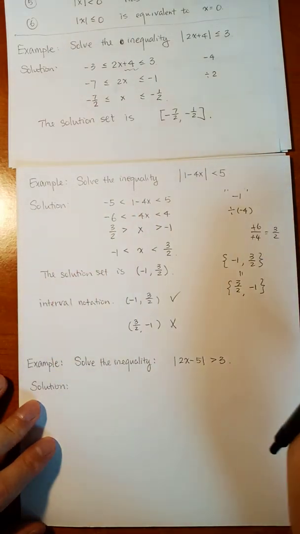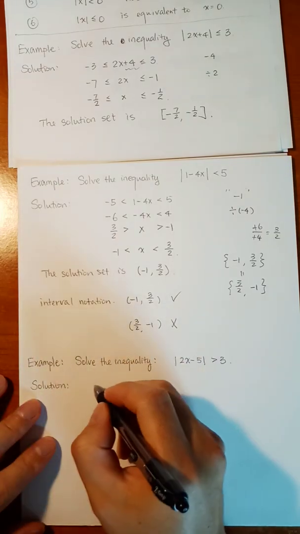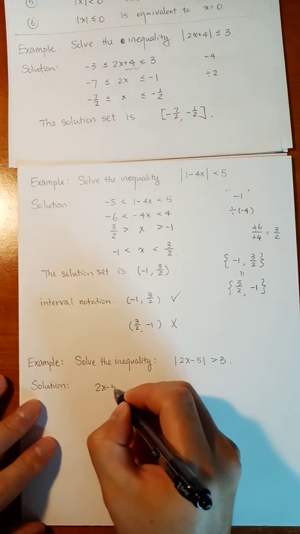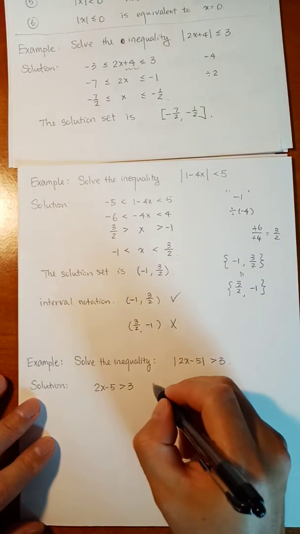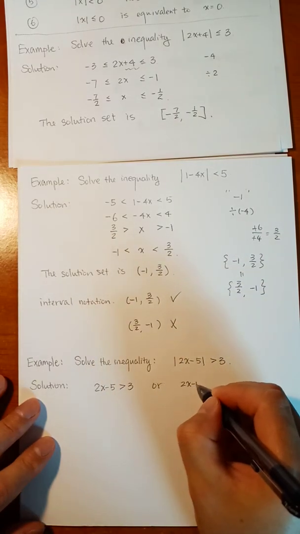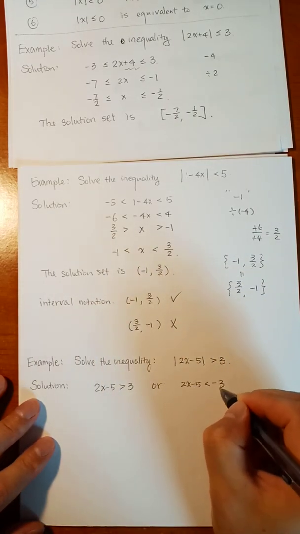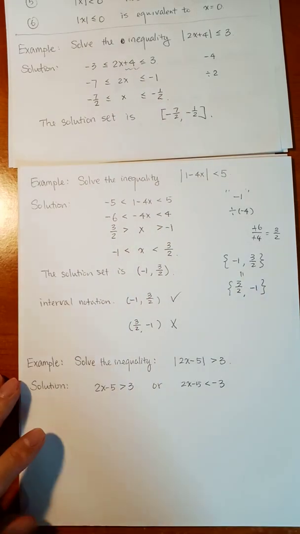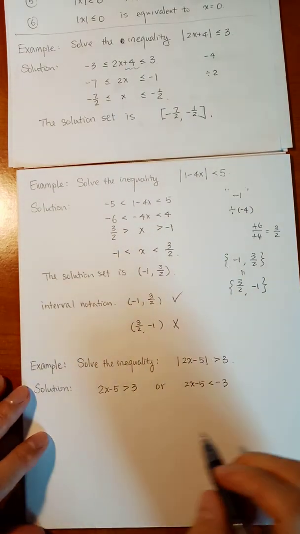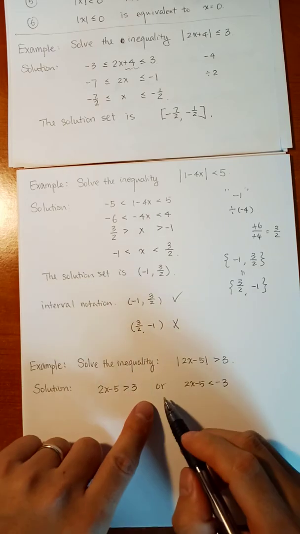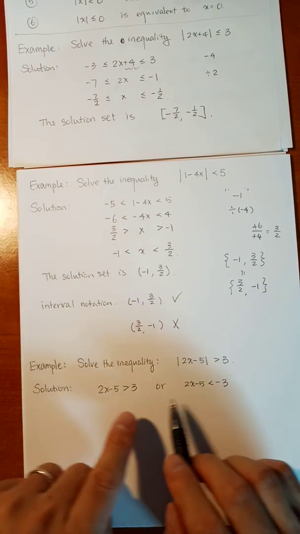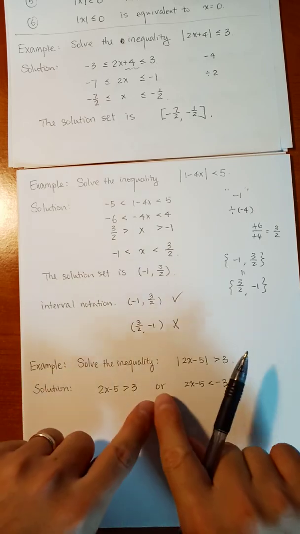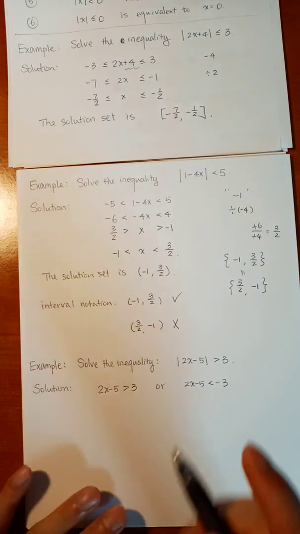It's either on the right side or on the left side. So you have either 2x minus 5 is too large, greater than 3, or 2x minus 5 is too small, less than negative 3. Here you have to change it to negative 3. So you have two separate inequalities. This is not a combined inequality. Two separate parts. You are going to use all.